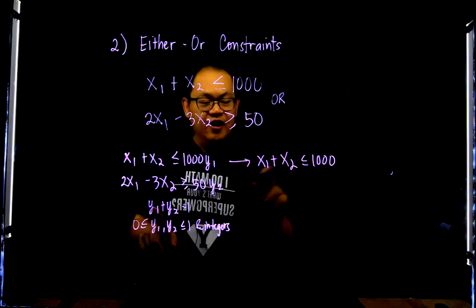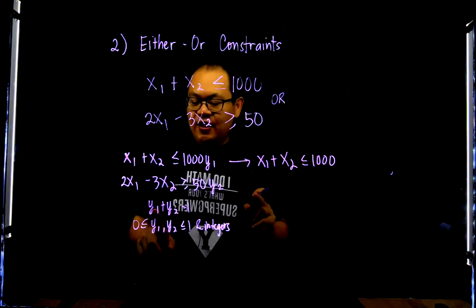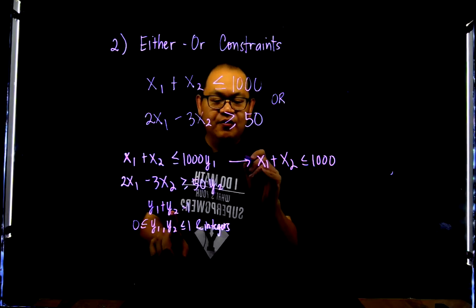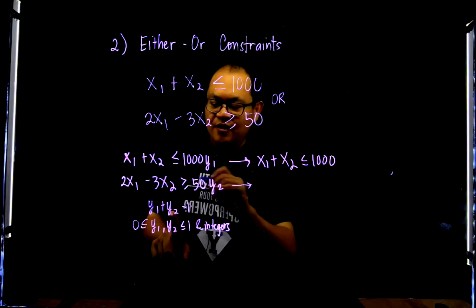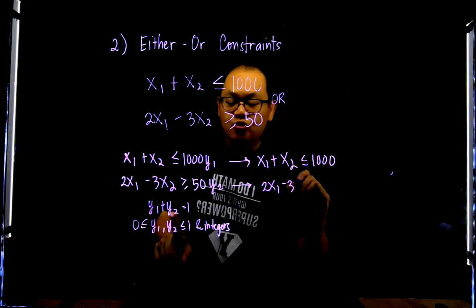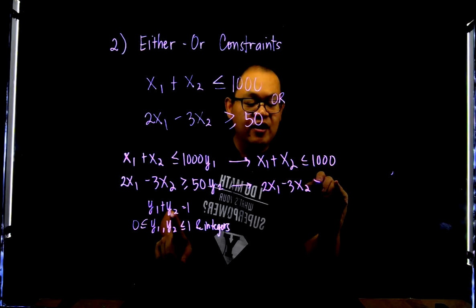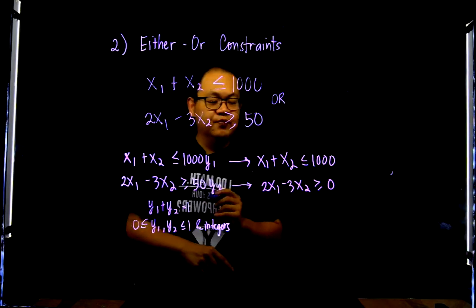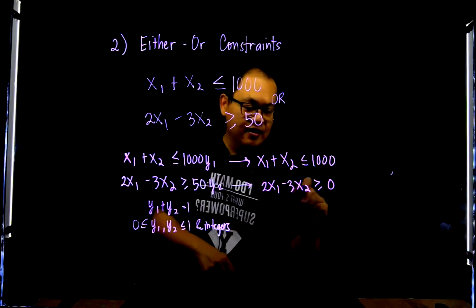However, because y1 is 1, therefore y2 is 0, and because y2 is 0, then the second constraint becomes 2x1 minus 3x2 greater than or equal to 0. And I think we can stop here.